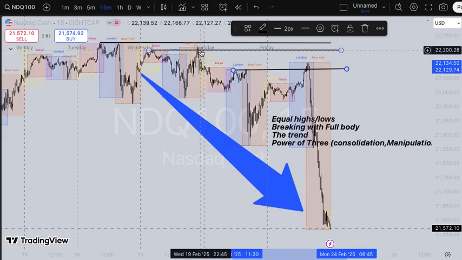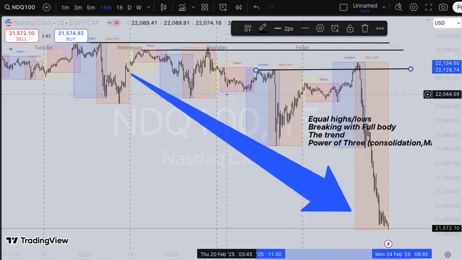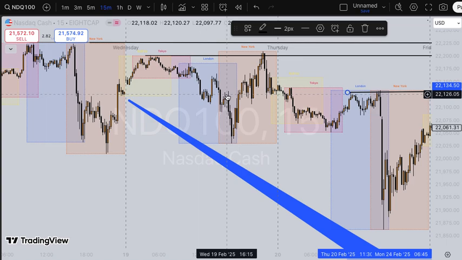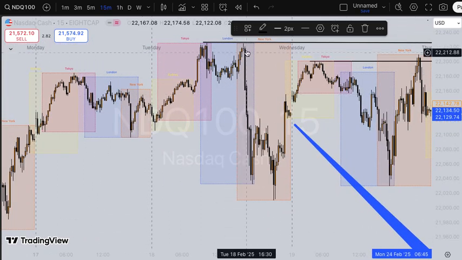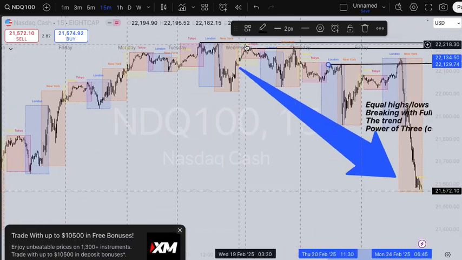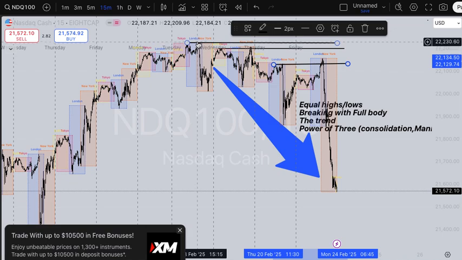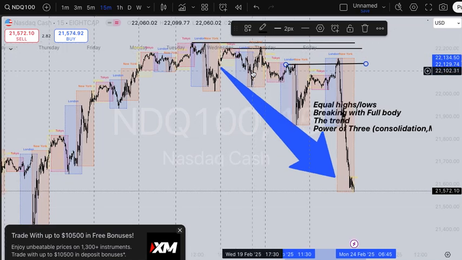Look how the market took the liquidity before delivering to the downside. Does it make sense? Consolidation, look at the manipulation, and it gave us beautiful equal highs, delivered to the downside. It means the market must come and collect these equal highs. You see what I'm talking about?